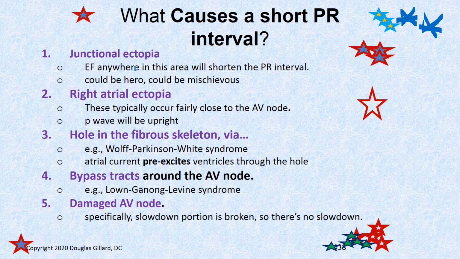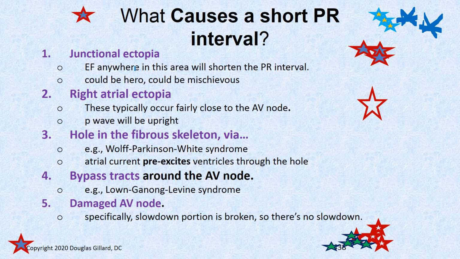A hole in the fibrous skeleton can do it. Yes, Wolff-Parkinson-White syndrome: you can pre-excite the ventricles by a hole in the fibrous skeleton that's not supposed to be there. Lown-Ganong-Levine syndrome is a patient that has fibers, James fibers, that skirt the AV node and let the electrical signal sneak around it, and therefore the ventricles depolarize too quickly, and there goes your PR segment.